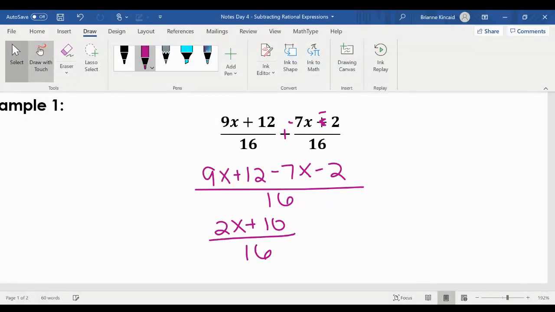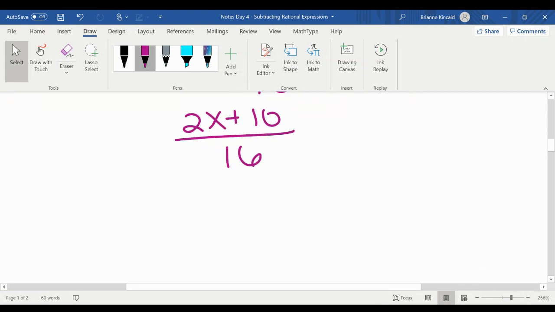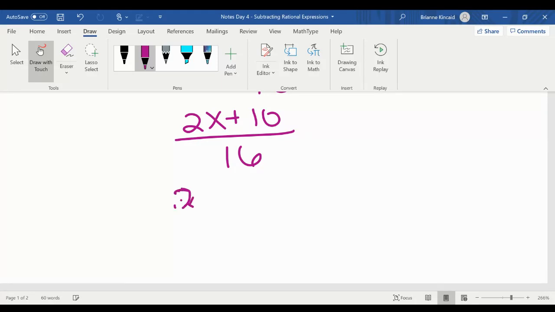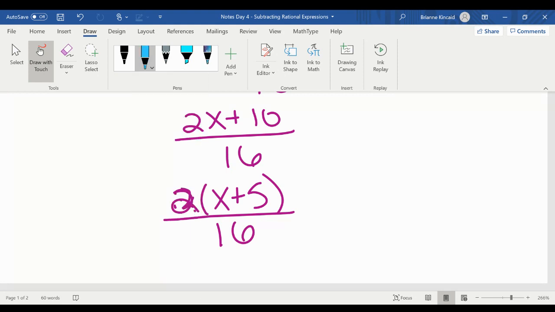over 16. Remember, once you're a single fraction, we're going to factor where we can. I have a GCF that I can take out of the numerator. So that's 2 times x plus 5 over 16. And then from there, 2 and 16 are both divisible by 2.